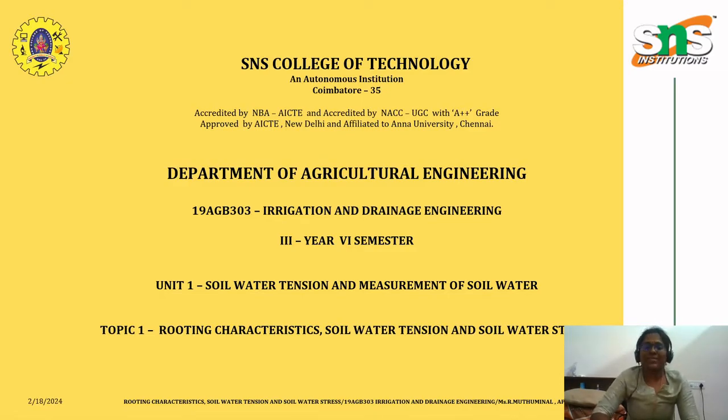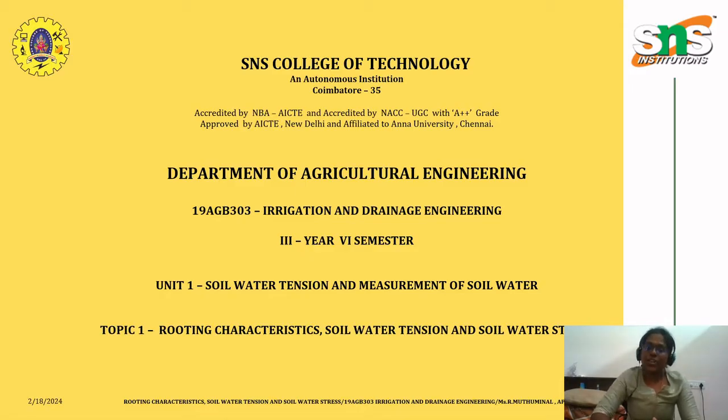In the previous class we saw something about routine characteristics that come under the subject Irrigation and Drainage Engineering for third year Agriculture Engineering Department students, under the unit Soil Water Tension and Measurement of Soil Water.